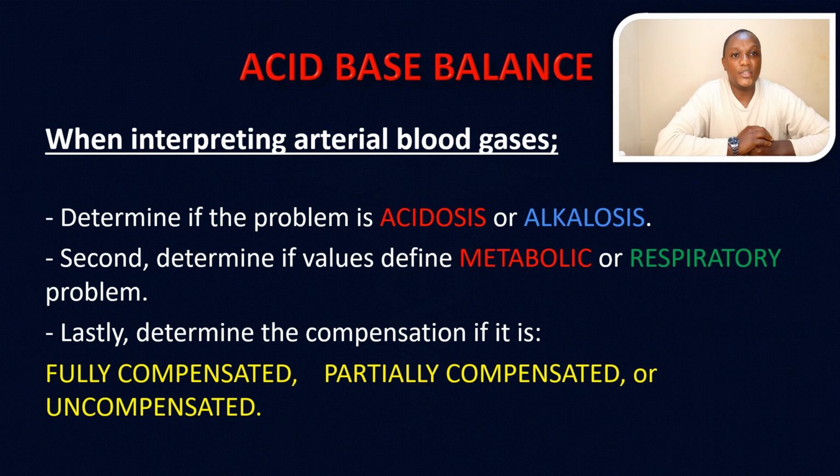When interpreting arterial blood gas results, first determine if the problem is acidosis or alkalosis. The second thing, you need to look at the lab values and see whether they define a metabolic or a respiratory problem. The other thing is that you need to check the state of compensation, whether it is fully compensated, uncompensated, or partially compensated.